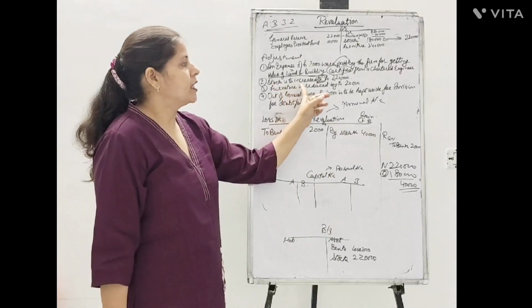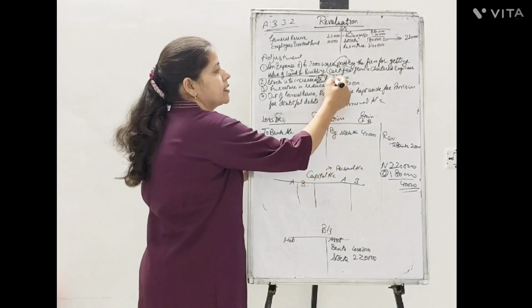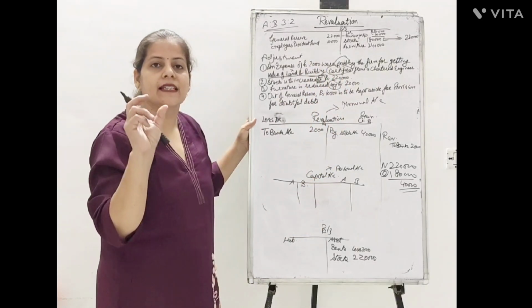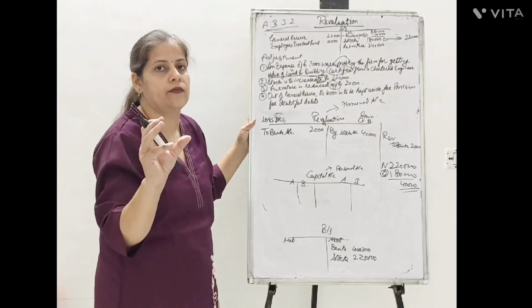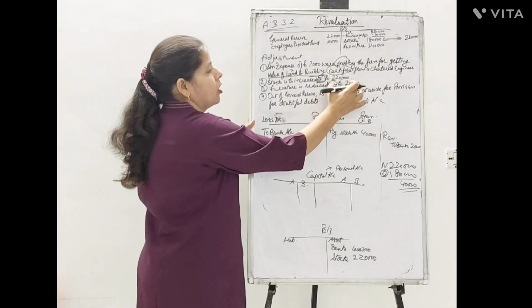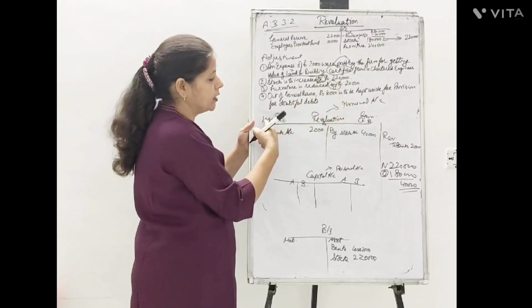Now the next point is that furniture is to be reduced by rupees 20,000. Here the word is reduced by, that means this is the reduction value given to you. So this is a loss on the furniture value of rupees 20,000.